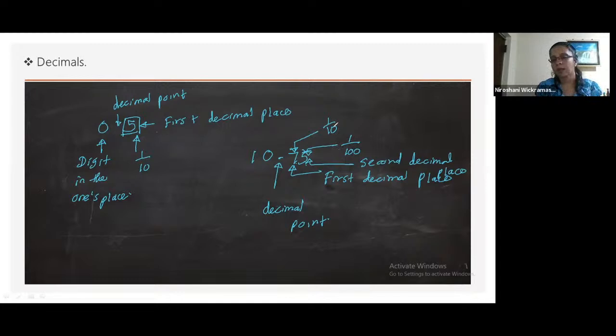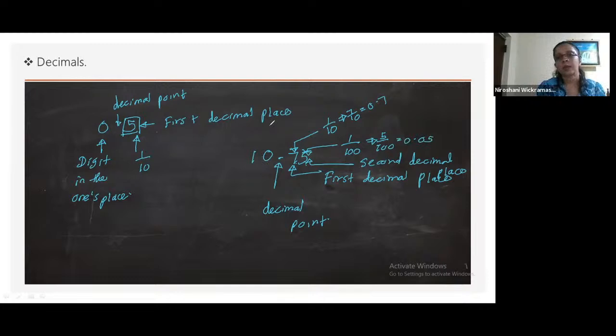This is 100th, 1000th. So what is the value represented by the 1/10th place? 7/10. It means you can write this value as 0.7. What is the value represented by the 100th place? 5/100. It means 0.05. Right?